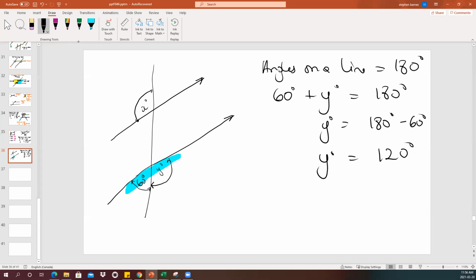The angle opposite to it would be measured 120 degrees also. And on the other side, we have the 60 degrees. Opposite to the 60 degrees is 60 degrees.